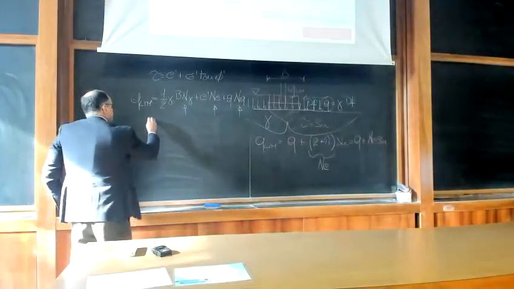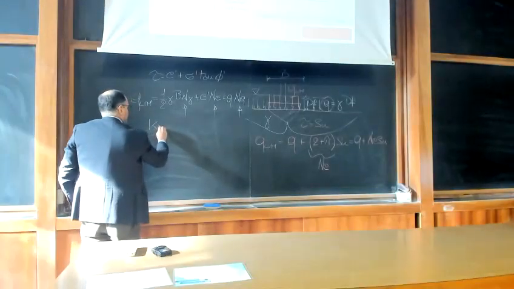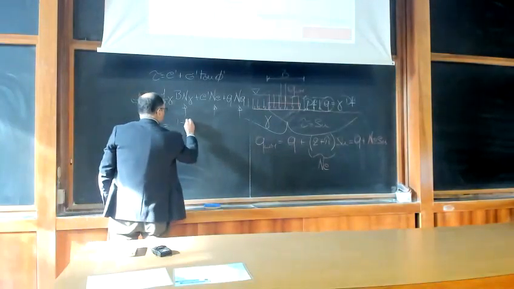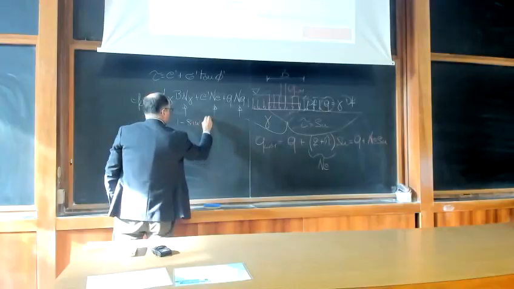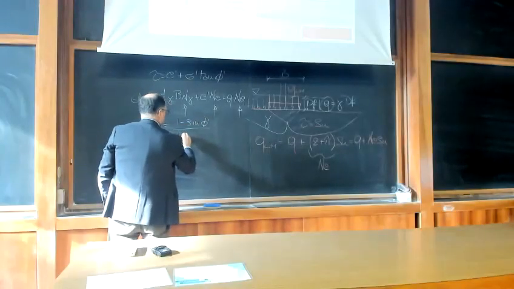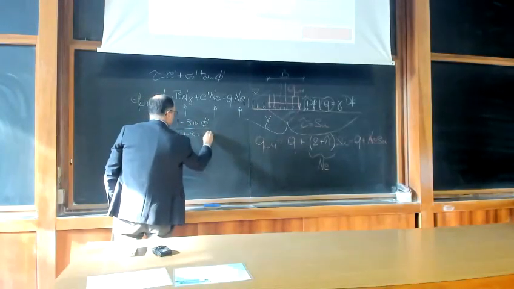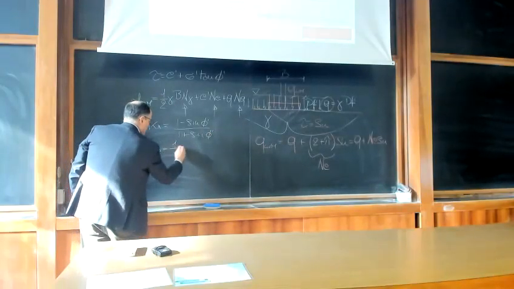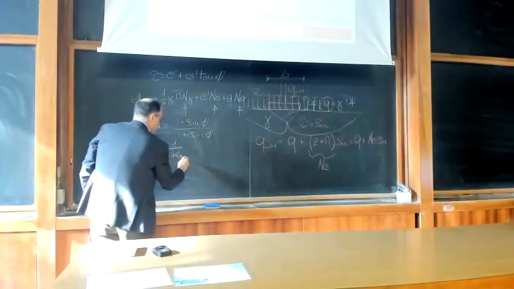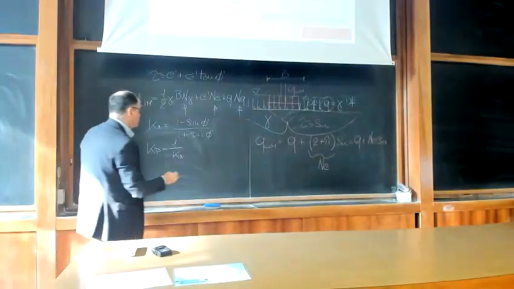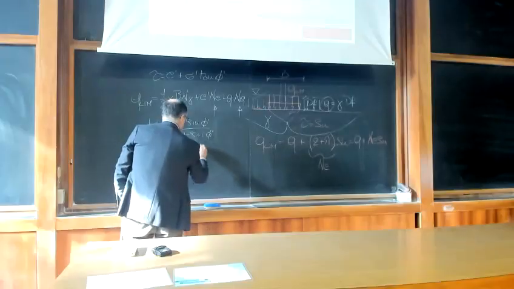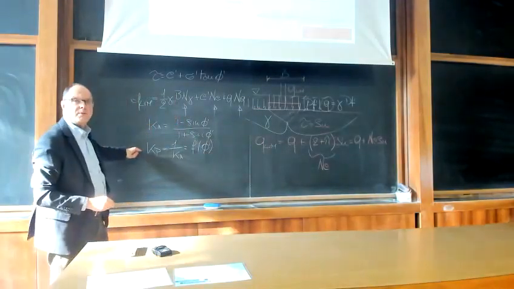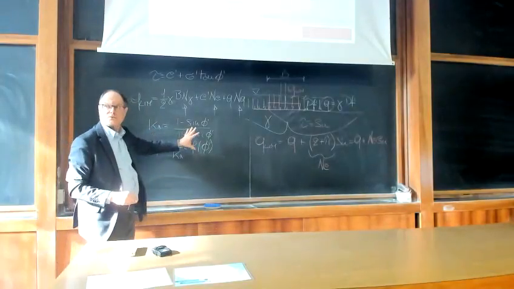Now remember, Ka is the active earth pressure coefficient, which according to Rankine was (1 minus sine phi) over (1 plus sine phi). And Kp is 1 over Ka. So it is also a function of phi. So essentially, in Ka and in Kp, there is phi, the shear strength angle.